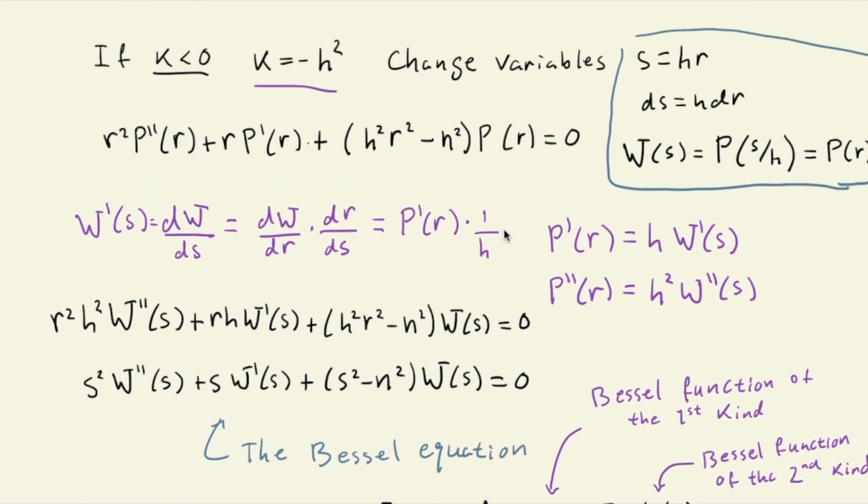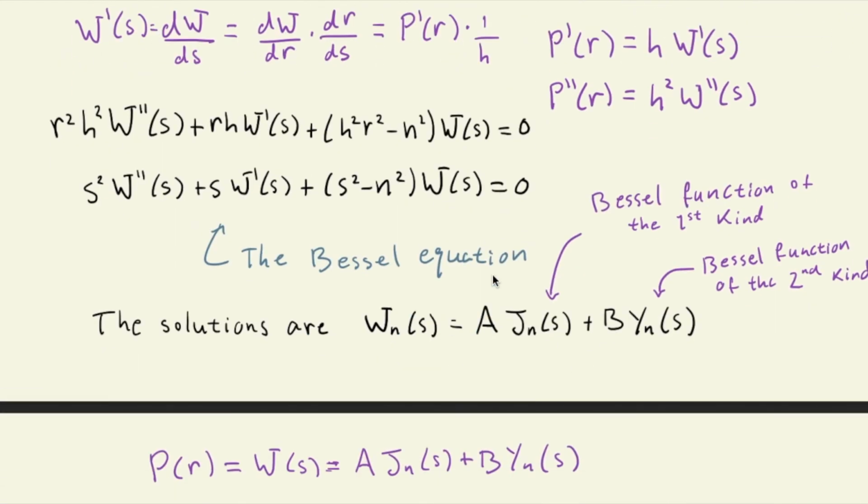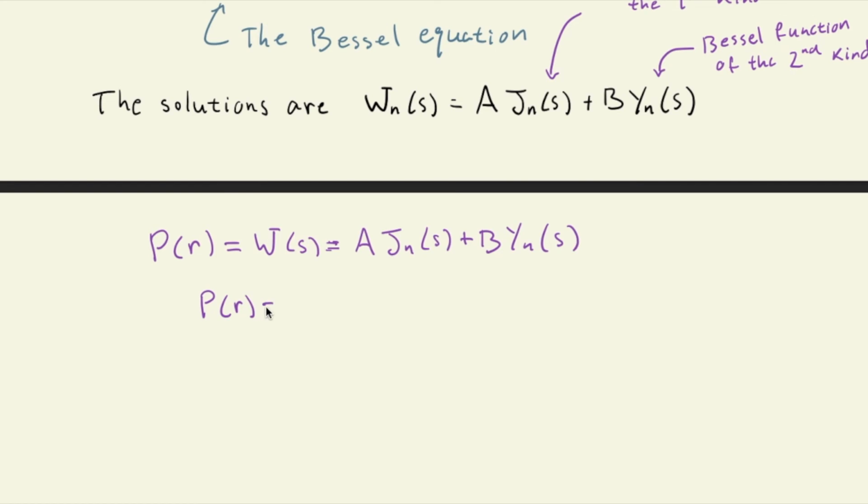S is just hR. So this is A J_n(hR) plus B Y_n(hR). That's what P looks like.